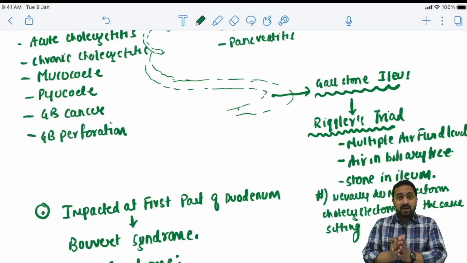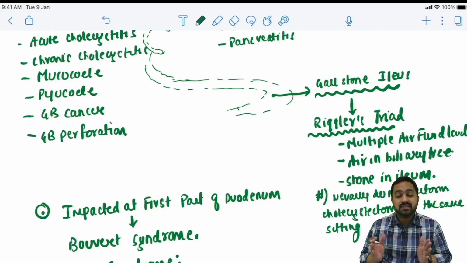Why do we not perform the cholecystectomy in the same setting? Because the patients in such cases are usually hemodynamically unstable, presenting with an obstruction. So it is important to get rid of the obstruction first and then later plan for cholecystectomy.